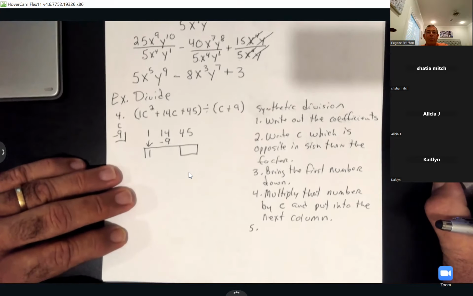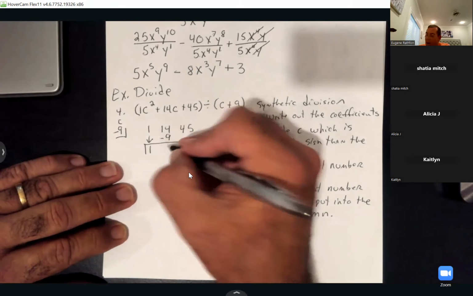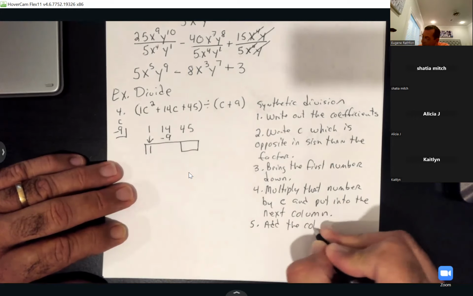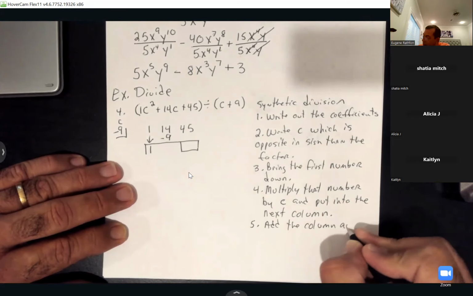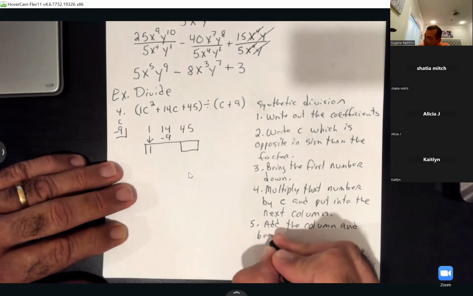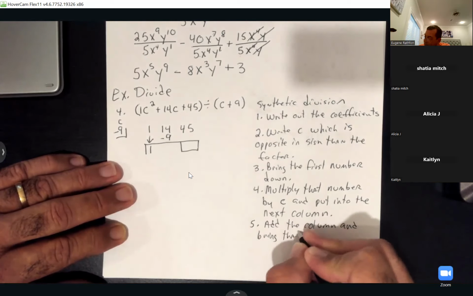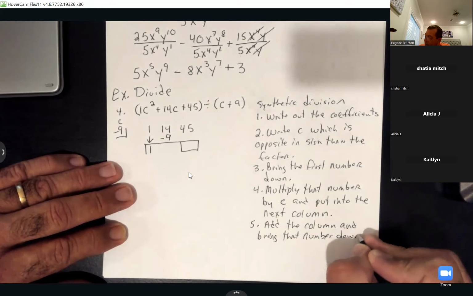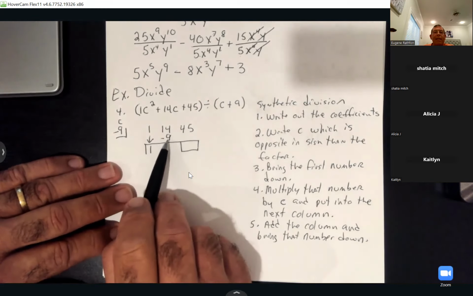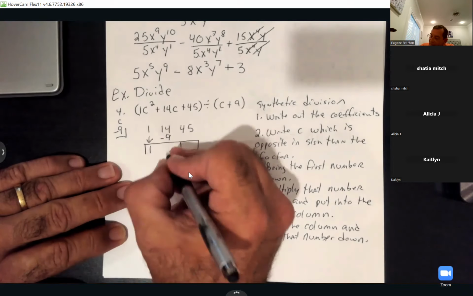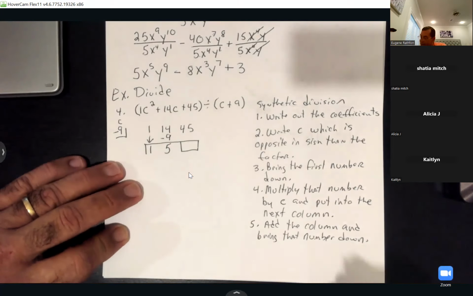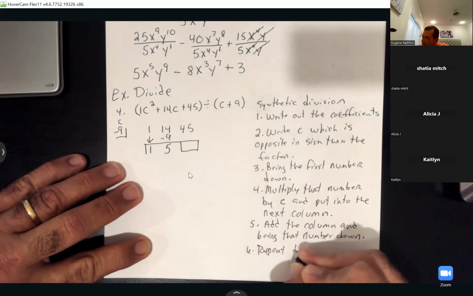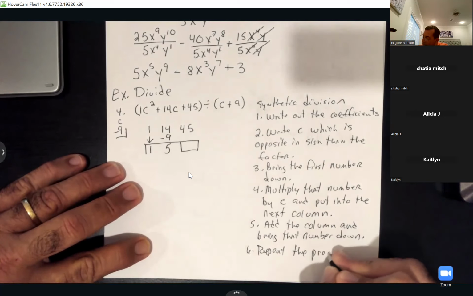So now you're going to add this column together and bring that number down. 14 and negative 9 gives you a 5. At this point, we repeat the process.